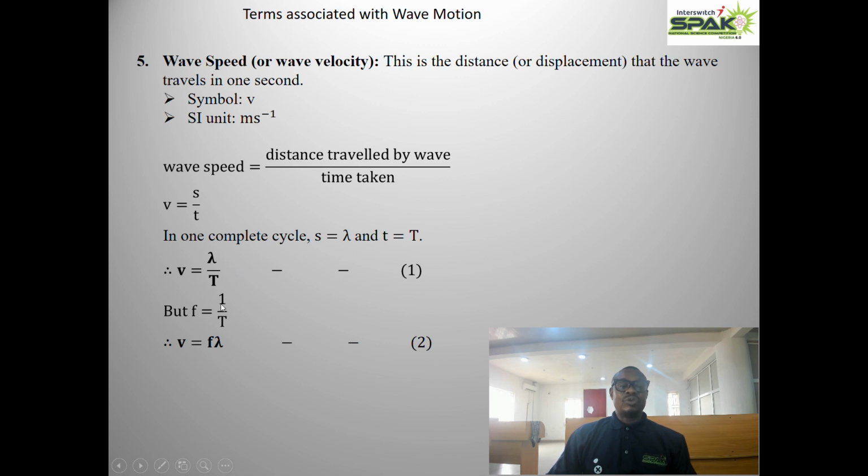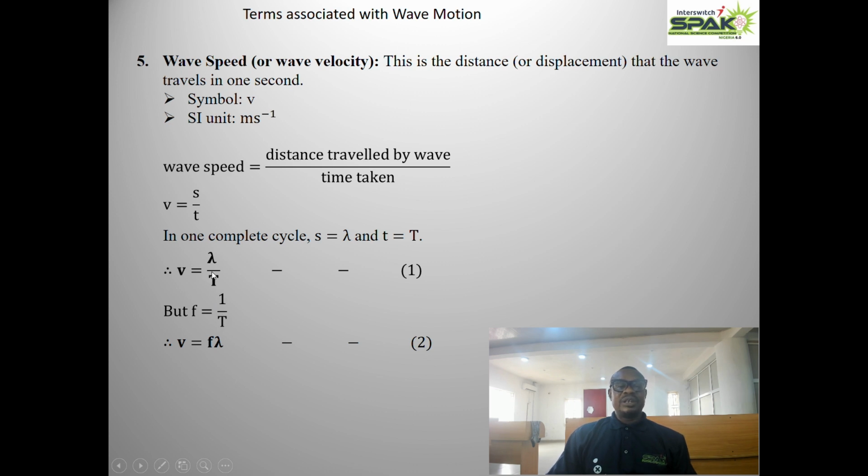So instead of writing 1 over T, I have f. So f times lambda, my frequency times lambda, is f lambda. Let me recap that again. V is equal to lambda over T. And we know that frequency is equal to 1 over T. This T is your period.